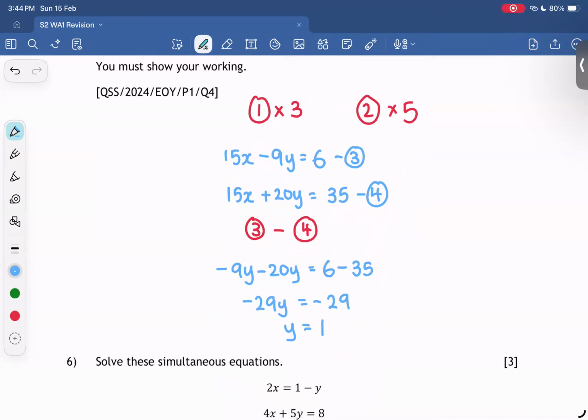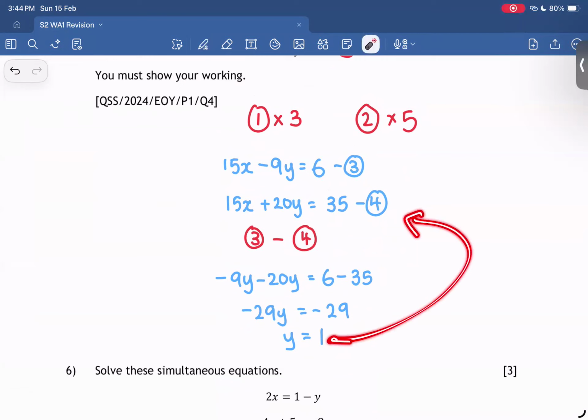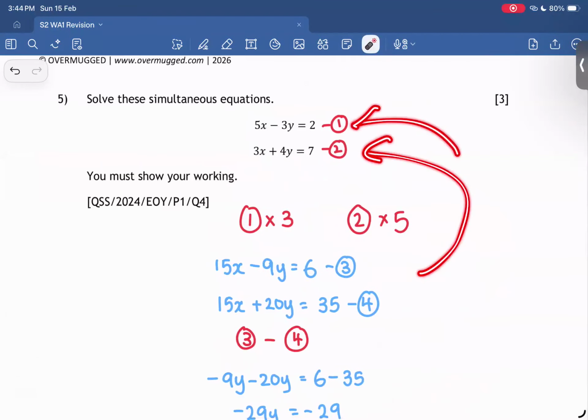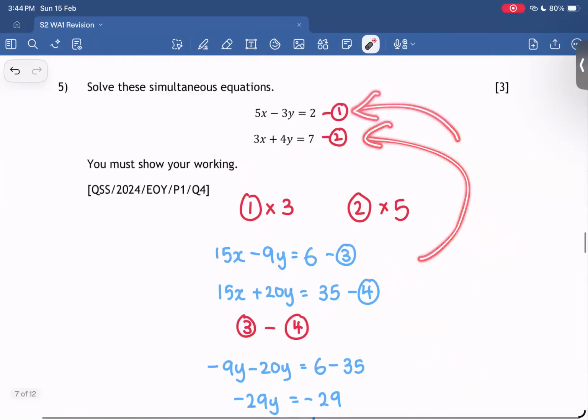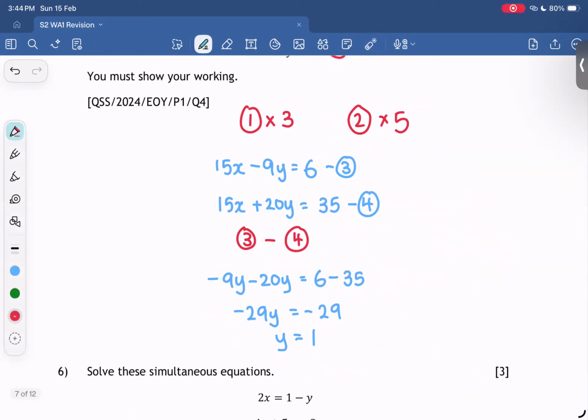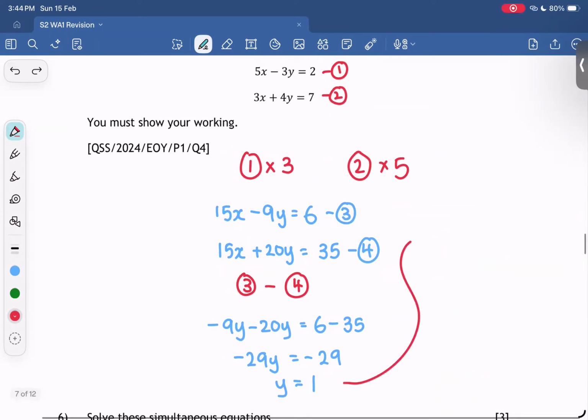All right, so we already have our y value. What can we do? We can just substitute it into any one of our equations. I can substitute into 4, into 3, or even into 1 or 2 at the top here. Let's substitute it into equation 3.